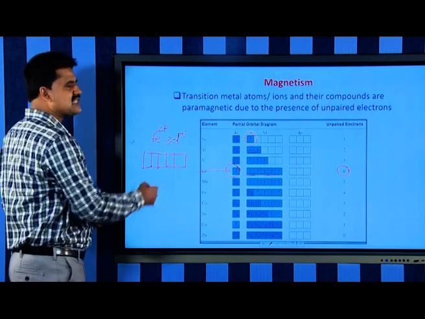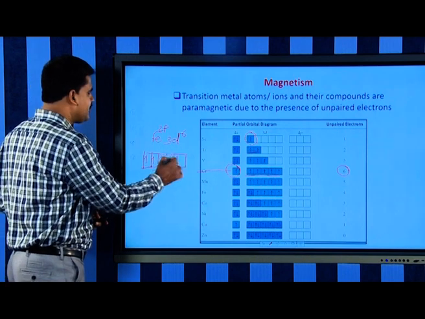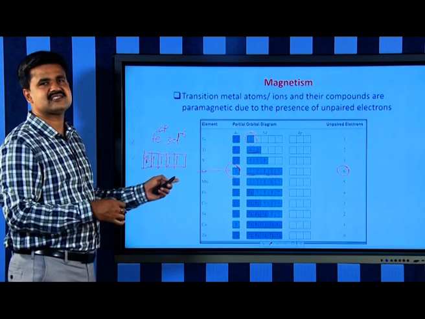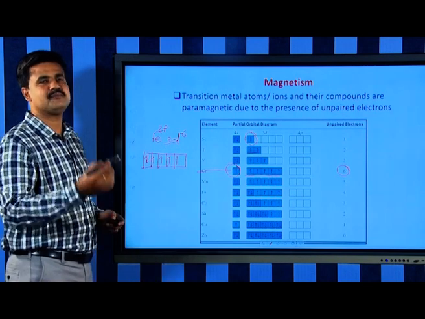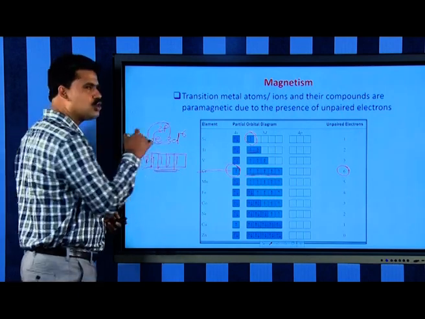The 6 electrons can be arranged like this: first, second, third, 4, 5, and this one is the 6th. This electronic arrangement is purely based on Hund's rule of maximum multiplicity, and you can see 4 unpaired electrons in Fe2+.